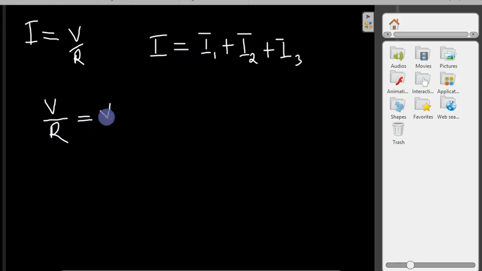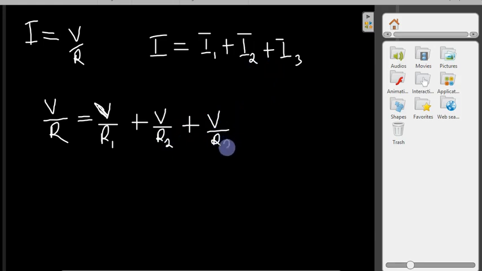Since voltage in parallel doesn't change, it will still be V over R1, because each resistor has its own value, plus the current that will pass through resistor 2, which will still be V over R2, plus current passing through resistor 3, which is still V over R3.